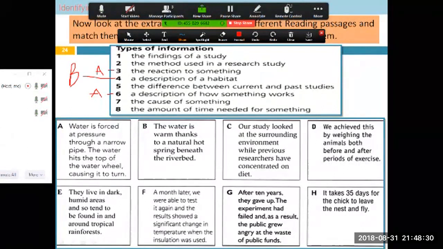Then the difference between current and the past studies? No. A description of how something works? No. The cause of something?